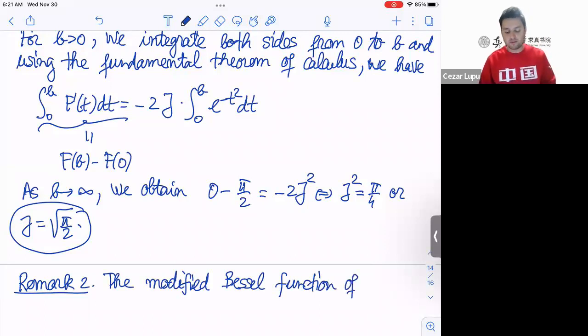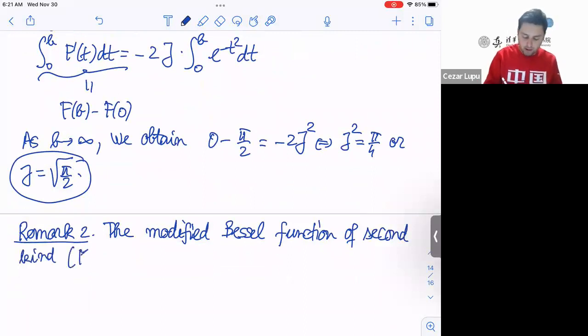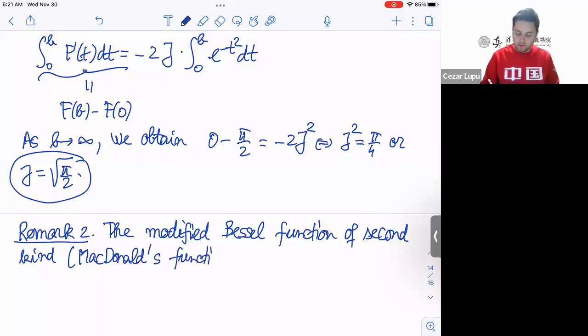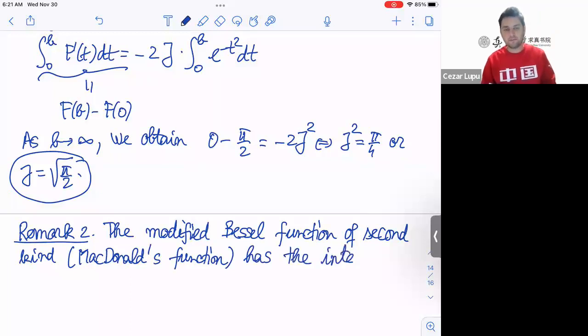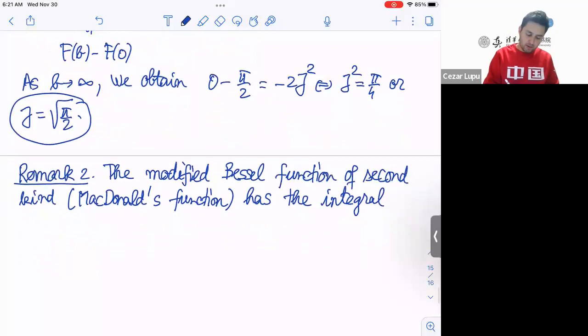There are Bessel functions of first kind and Bessel functions of second kind. Sometimes it's called Macdonald's function. It has the following integral representation. This is a standard exercise in any special functions course.